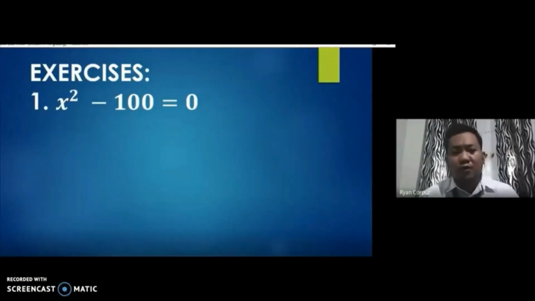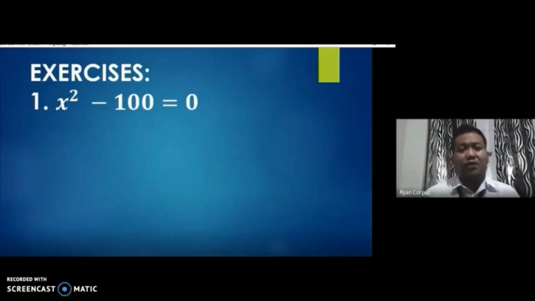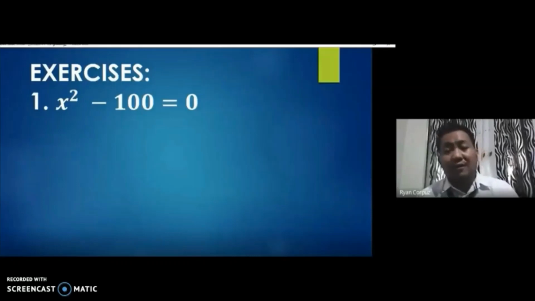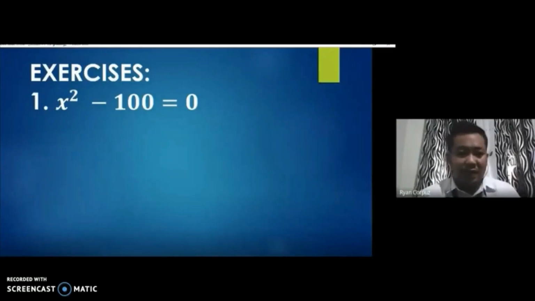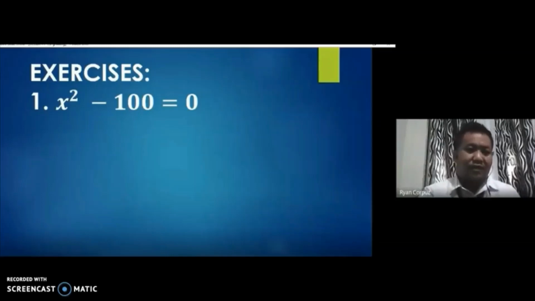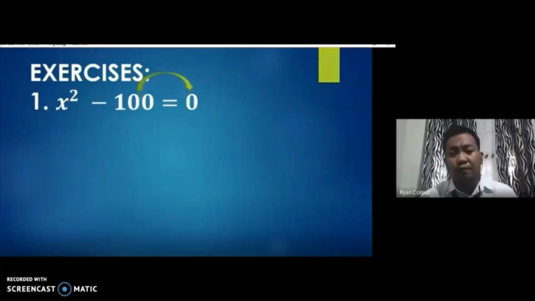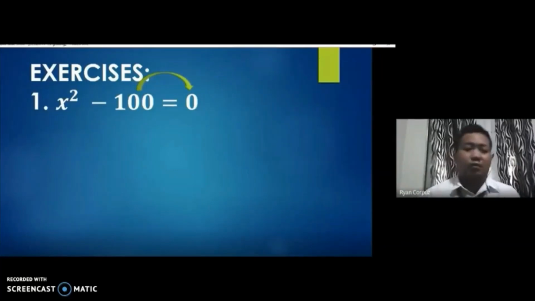According to the first step, we have to write the equation in the form x squared is equal to k. So in that case, since it is written x squared minus 100, the first thing you're going to do is to move negative 100 to the right side of the equation.